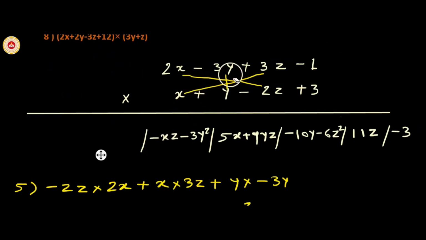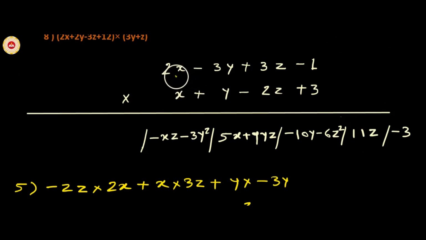Step number 6. Now it is time to exclude the second column from the right side and consider these 2 last columns, third column and fourth column.